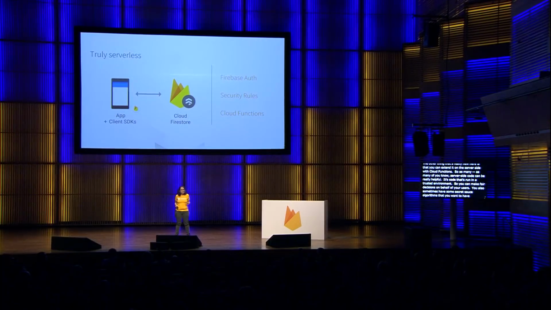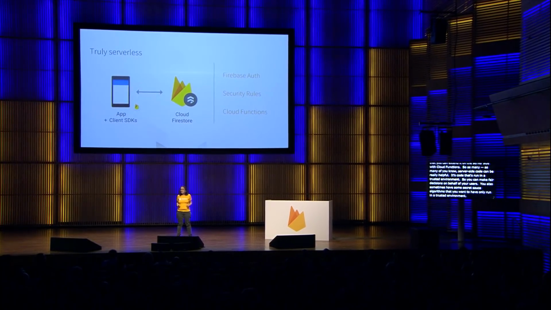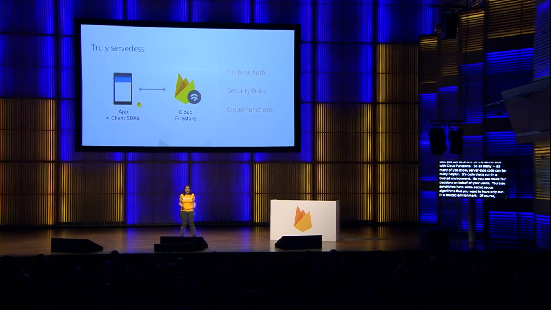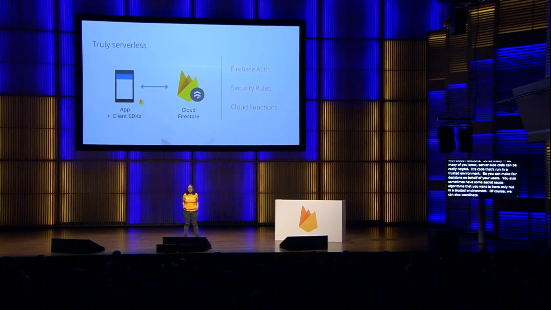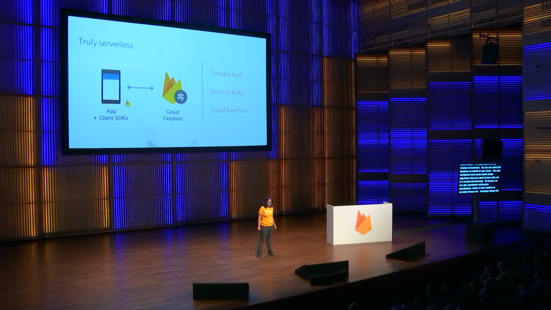You also sometimes have some secret sauce algorithms that you want to have only run in a trusted environment. Of course, we can also coordinate multi-party communication, which is what real-time is normally famous for, including things that run when people aren't always there, that make your app feel more alive, like autonomous agents and bots.